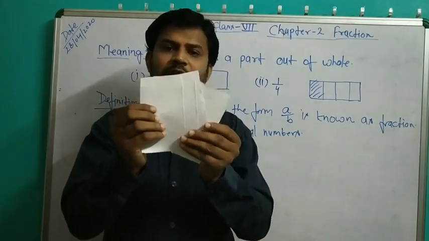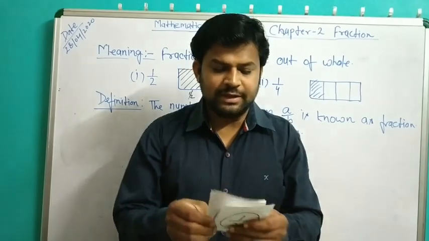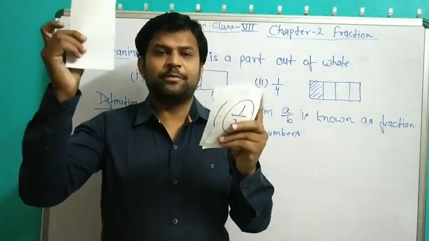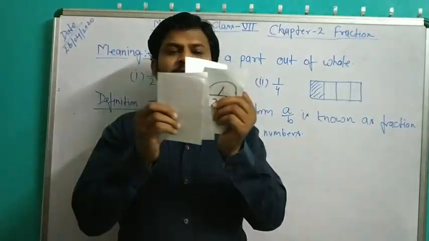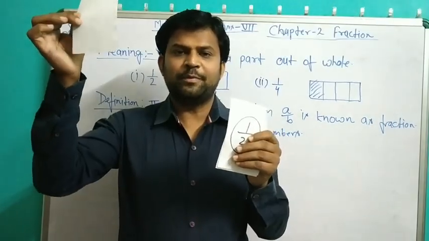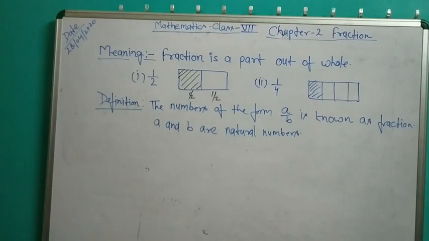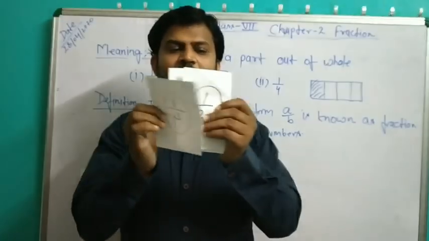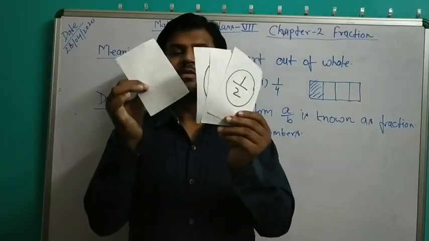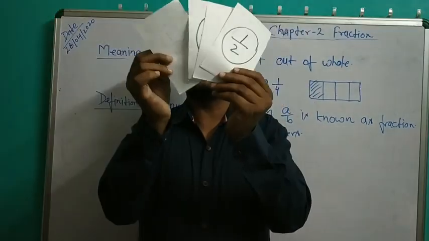All parts are equal. Now we have one part, two part, three part, and four part. And this is one part out of these four parts. This is 1, and the total is 4.